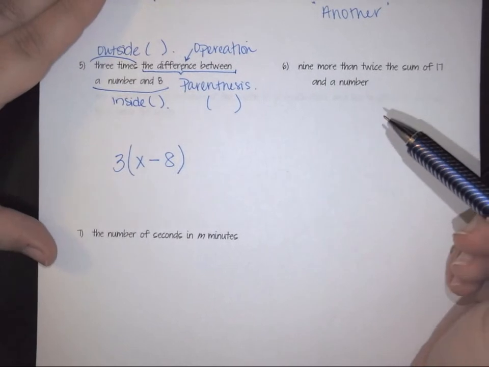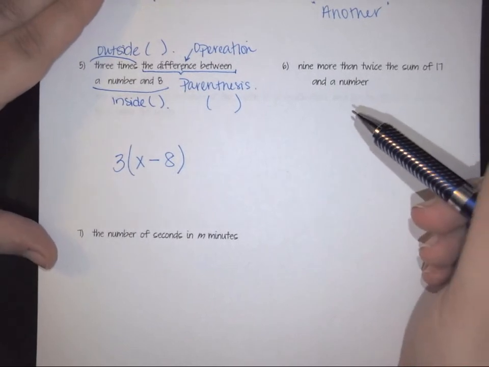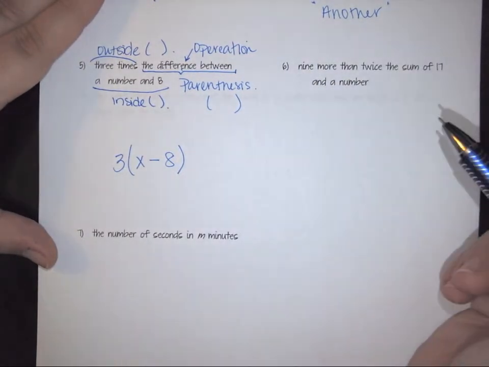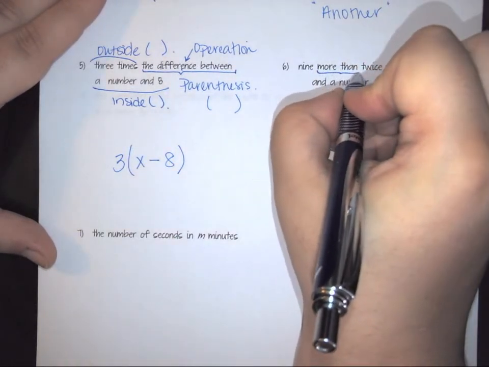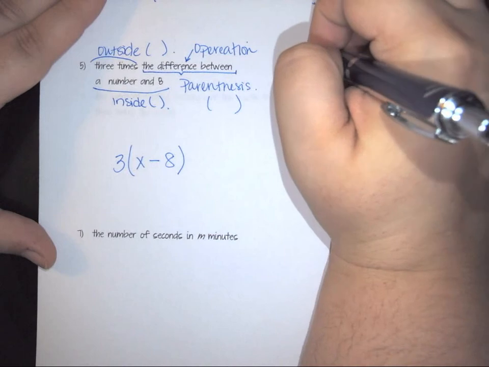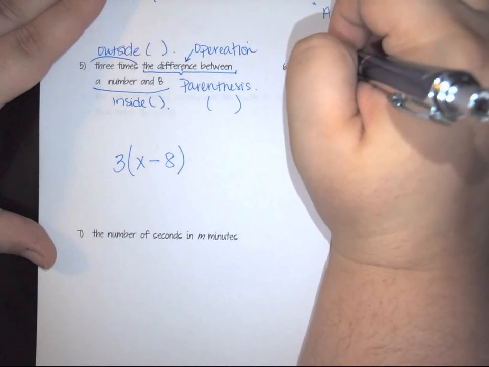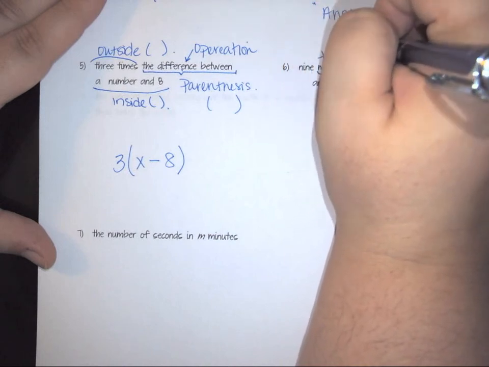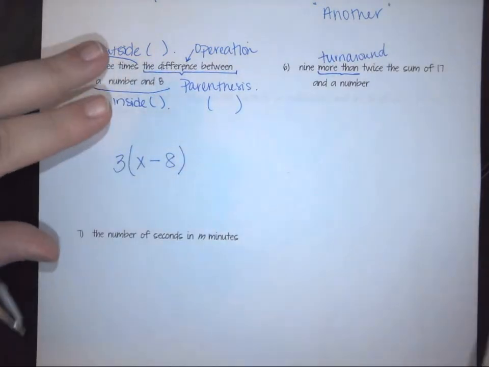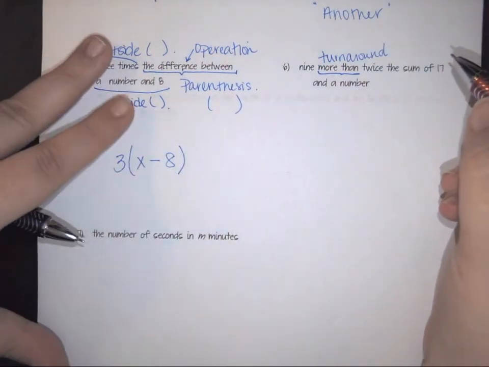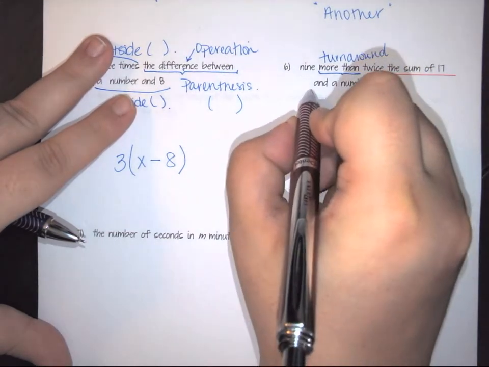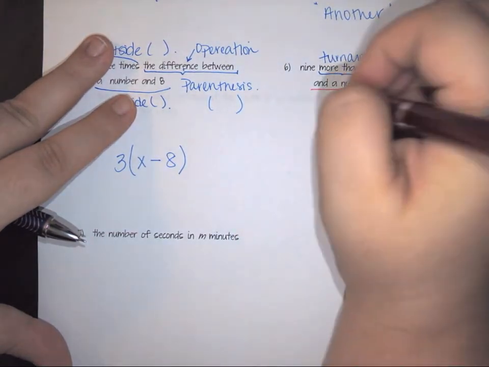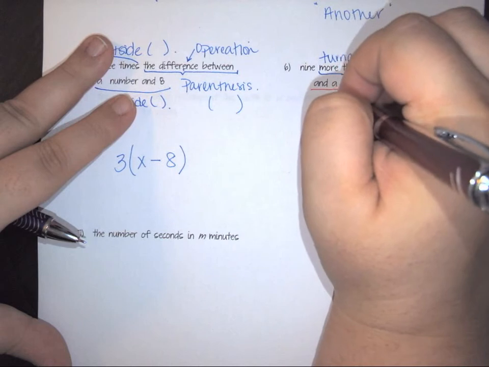Let's look at another. Here I have 9 more than. So more than, this right here, is going to be your turnaround. That means this part here, twice the sum of 17 and a number, is going to go first.